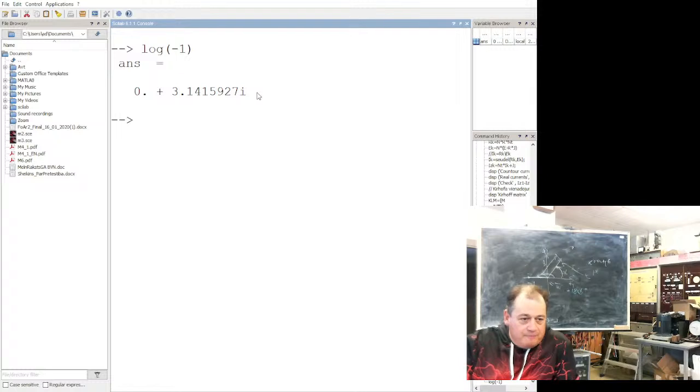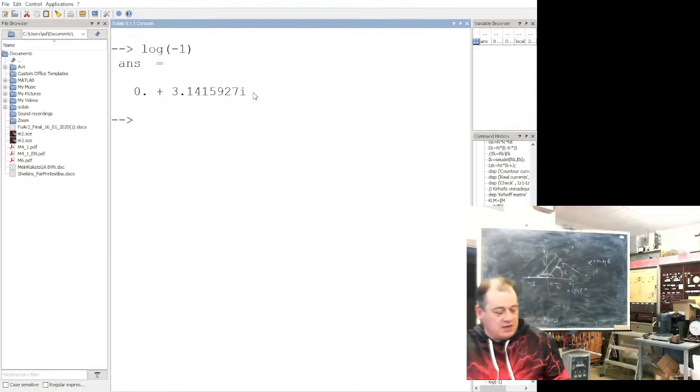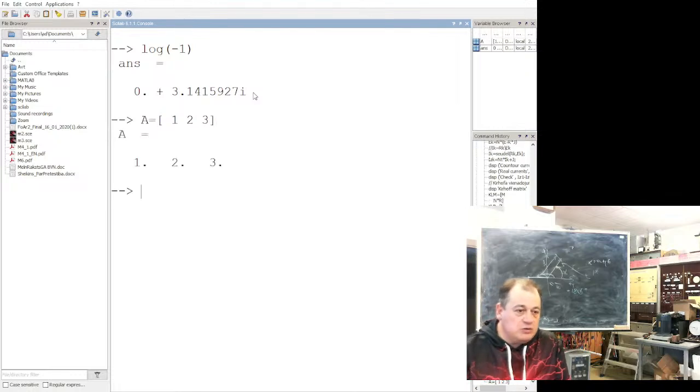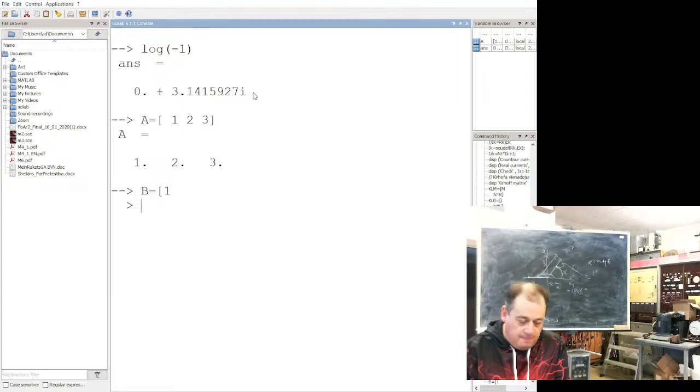Okay. Nice large calculator. One important moment with this nice calculator is the idea of arrays. For example, A equals 1, 2, 3. It has built-in linear math with arrays.